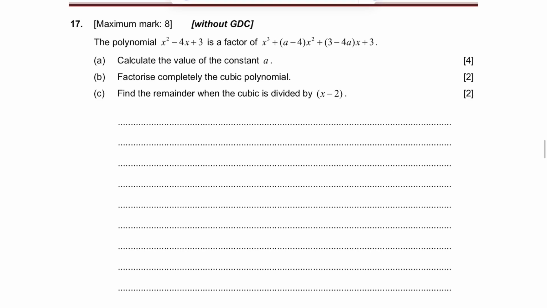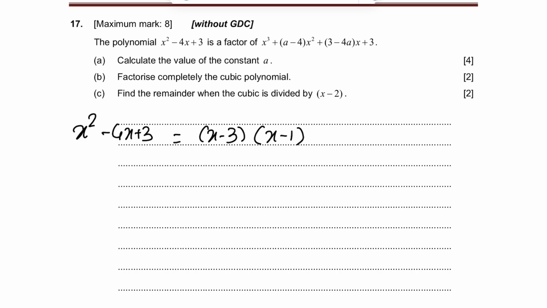Question number 17. The polynomial x square minus 4x plus 3 is a factor of x cube plus a minus 4 x square plus 3 minus 4a x plus 3. Find the value of the constant a. So x square minus 4x plus 3, I can factorize it as x minus 3 times x minus 1.